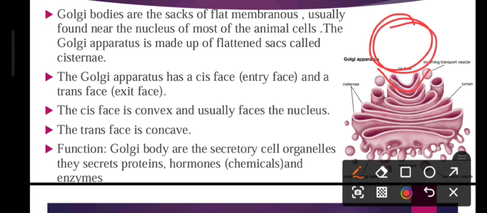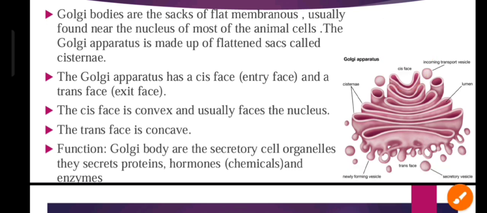Understand? And then what's the function of the Golgi apparatus? Golgi bodies are secretory cell organelles. They secrete many proteins, hormones and enzymes. Understand?